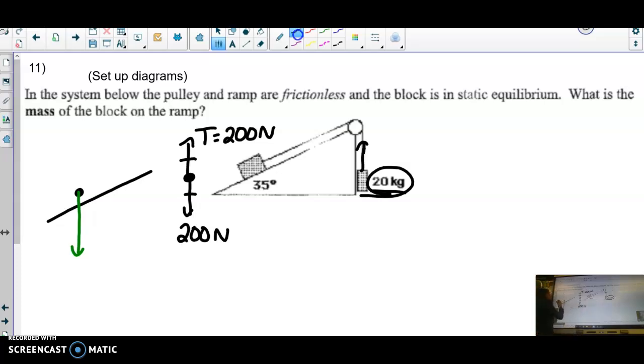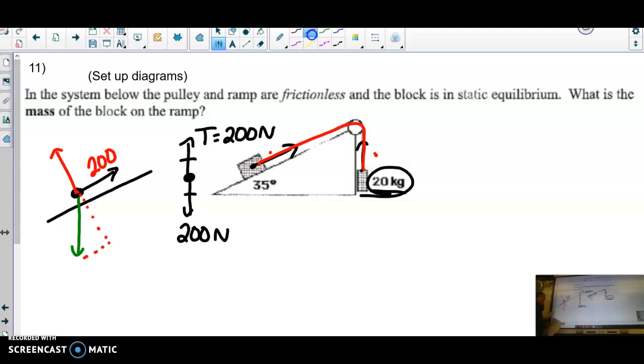Well, if I come over to my other diagram and finish it off, this one also has a tension pulling this way, and the tension throughout the entire rope is the same number. So if it's 200 over here, it's also 200 newtons over here. And now you can figure out there is a normal force.